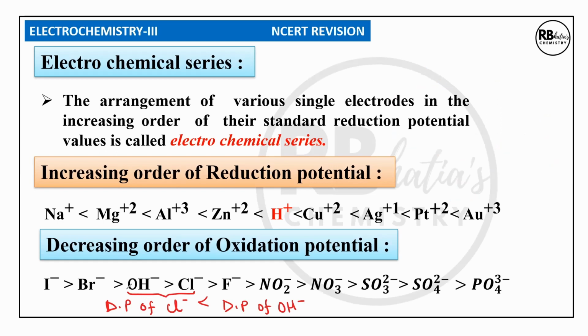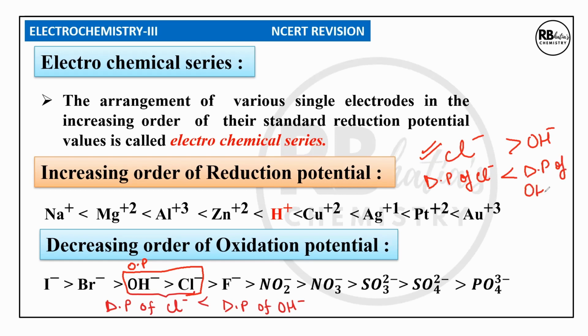Now, a very important point is comparison of OH negative ion and chloride ion. Now, oxidation potential of OH negative ion is greater than chloride ion, but still chloride ion is preferentially oxidized over OH negative ion. Why? Because the discharge potential of chloride ion is lower than discharge potential of OH negative ion.